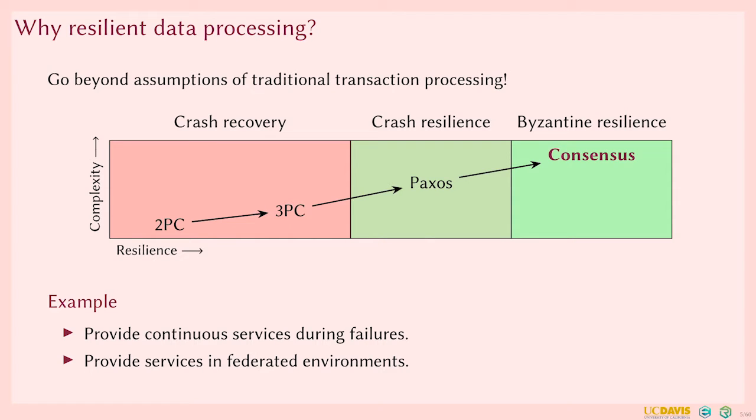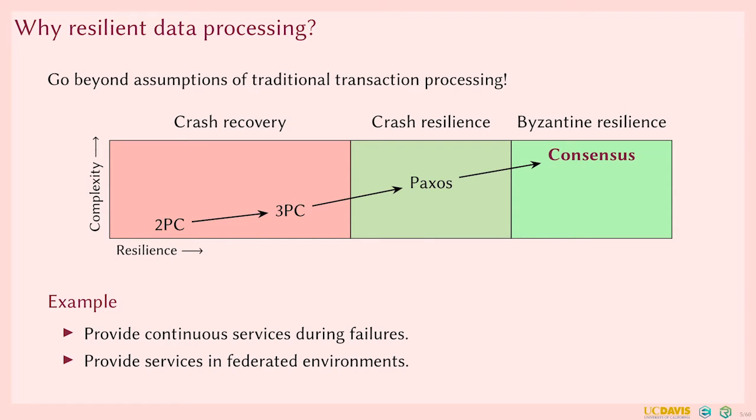And we want to go even one step further, namely we want to be able to deal with malicious behavior of parts of our system. And that malicious behavior can be due to attacks, but that can of course also be due to some replicas or some parts of the system being misconfigured or being unavailable or that kind of stuff.